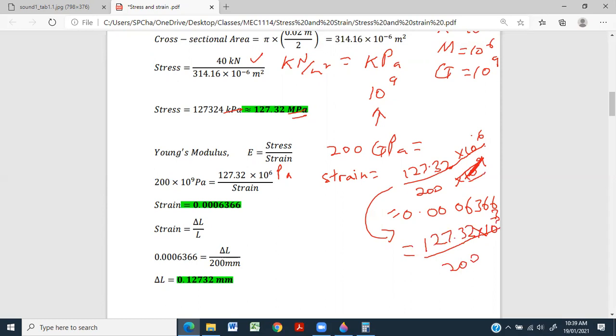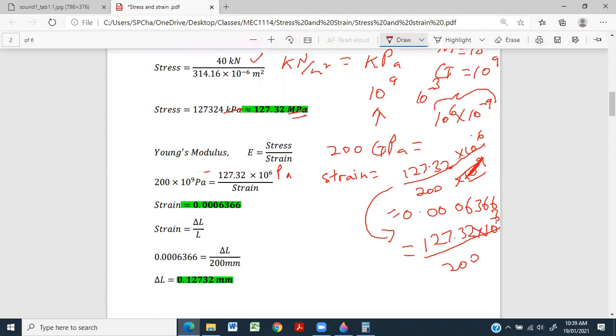So when we change it from the denominator to the numerator, that becomes times 10 to the power of minus 9, if you guys know this rule. So then this would simplify to 10 to the minus 3, right? Because we add the powers here, right? So 6 plus minus 9 is minus 3. So whatever these values evaluate to, this 127.32 divided by 200 is times 10 to the minus 3.